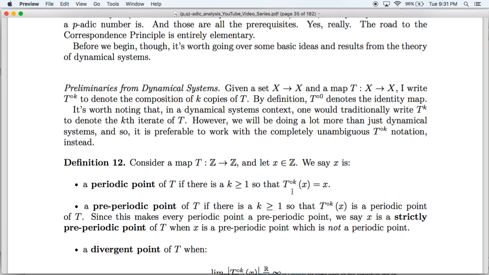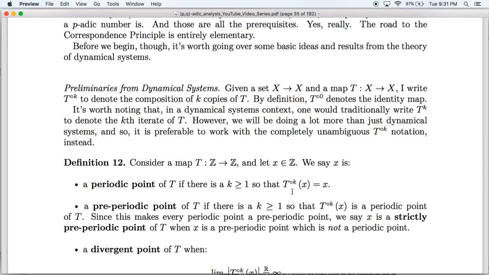For the shortened qx+1 map, the shortened 3x+1 map, the periodic points that we know of on the positive integers are 1 and 2. A pre-periodic point of T, meanwhile, is an x which is sent to a periodic point.